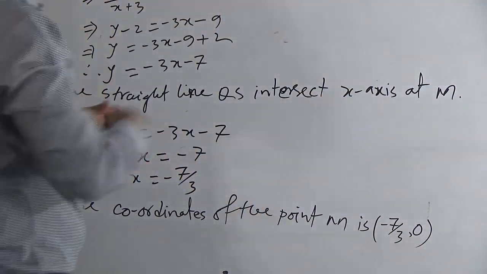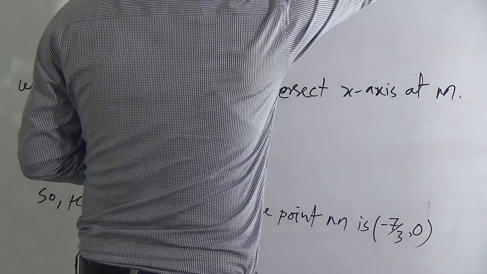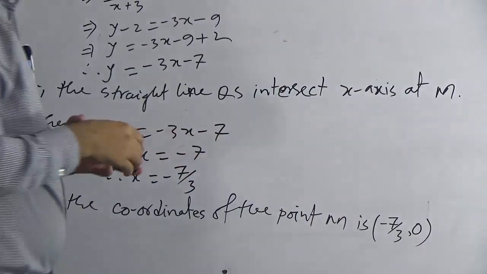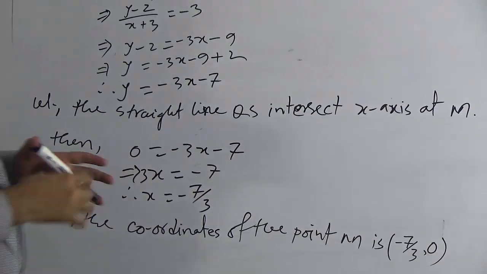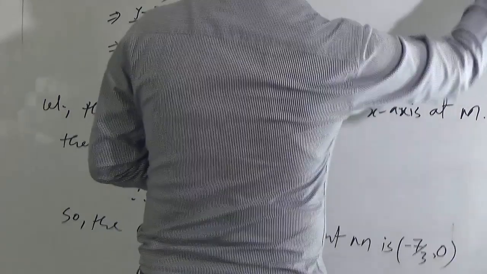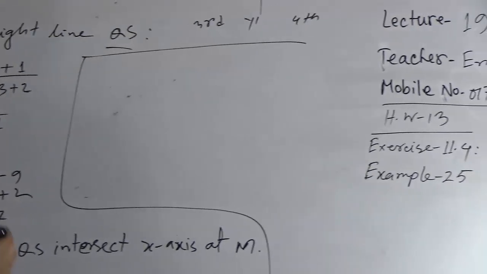This is the coordinate of the point M. Now we need to determine the coordinate of point N. We can determine here the coordinate of point N.